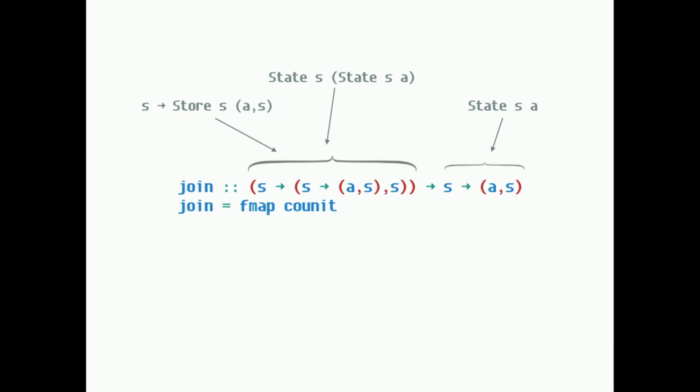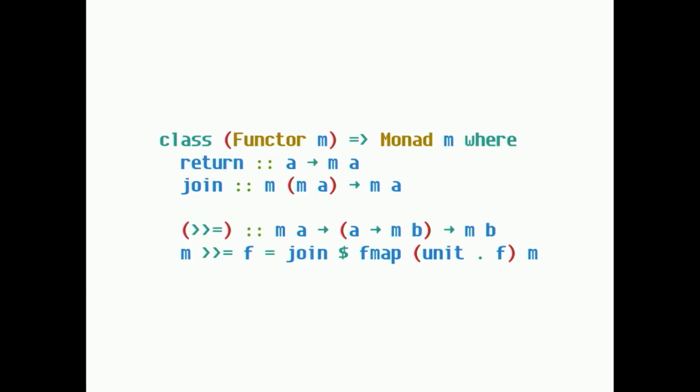It runs the outer machine, takes the output state of the outer machine, passes it as the input state to the inner machine, and then returns a state machine that does both of those things. So it's a composition of state machines. That's the join in the state monad, and the implementation is just fmap counit. And remember that counit was just curry identity.